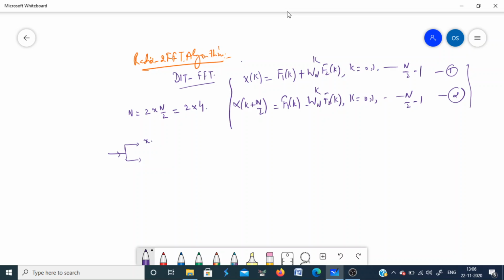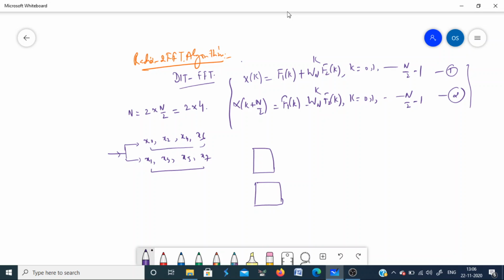One is the even samples x0, x2, x4, x6, and the second one is the odd samples x1, x3, x5, x7. If you know the 4-point FFT of this sequence and the 4-point FFT of this sequence, you can combine them to get an 8-point FFT.